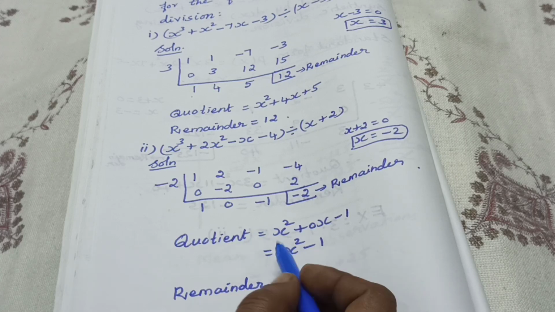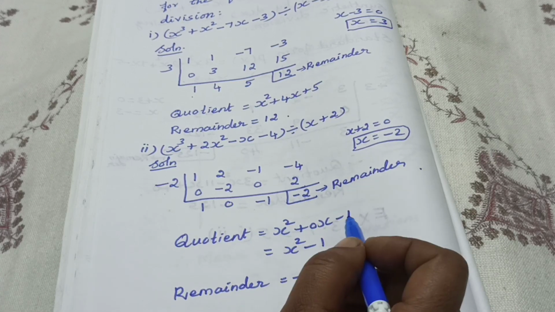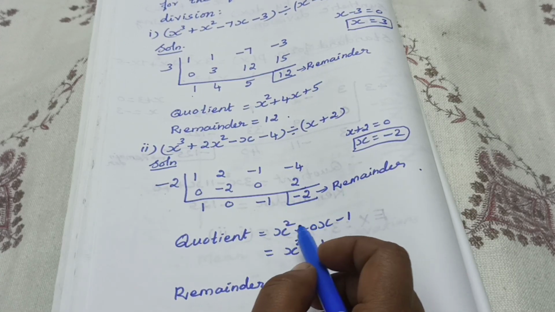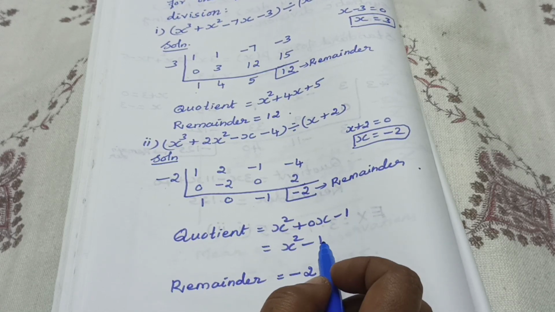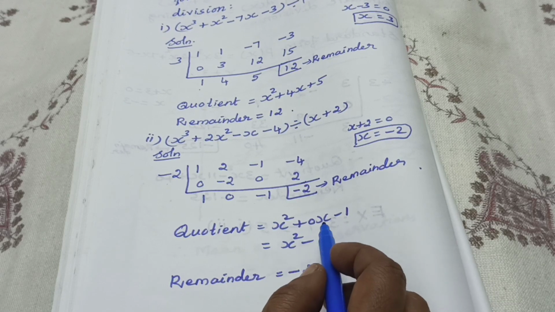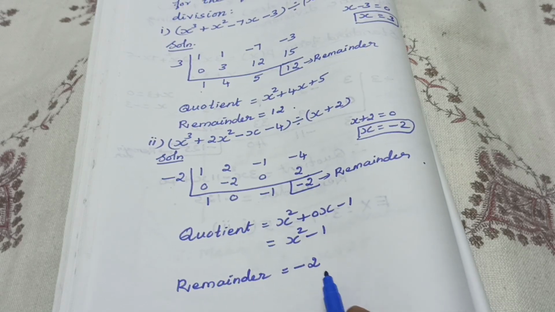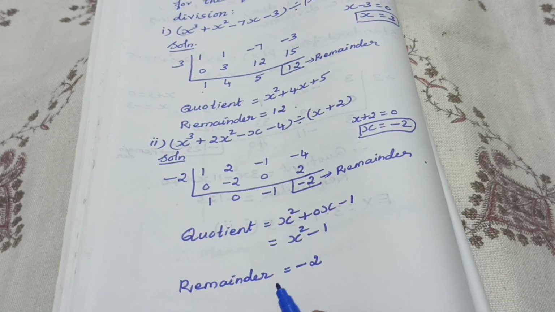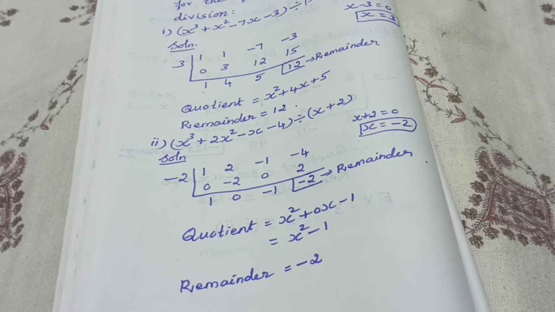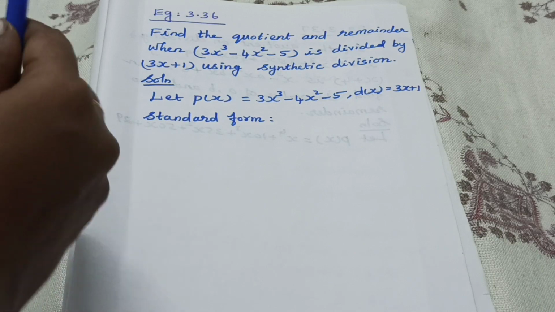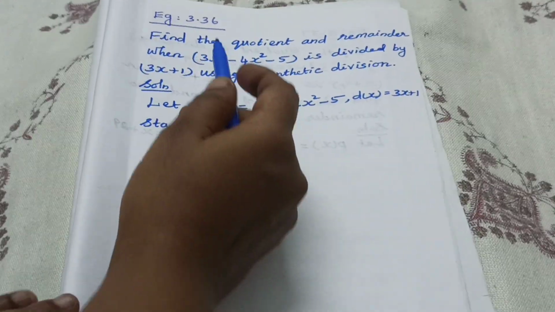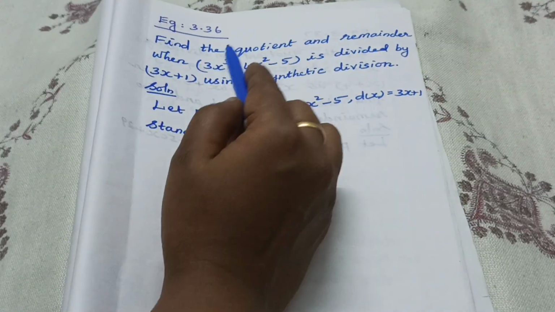X square plus 0x minus 1, which we can write as x square minus 1. Remainder is minus 2. Am I correct? Did you get this answer? Okay, very good.